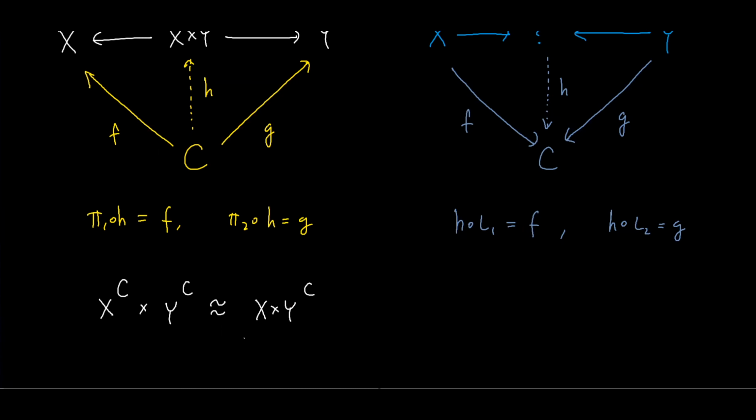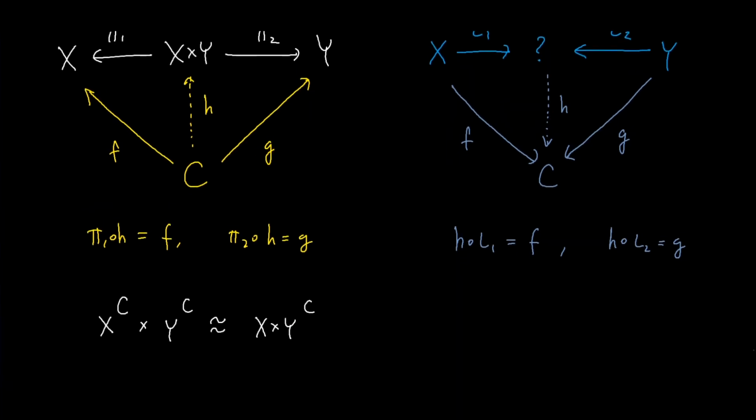So let's try to apply the same approach here to guess what this question mark should be. It says that the number of arrows from X to C, which will be C to the power X, times the number of arrows from Y to C, which is C to the power Y, if C, X and Y respectively denote the number of their elements, as a number should equal, or as a set should be bijective to, the arrows from question mark to C. What is question mark?